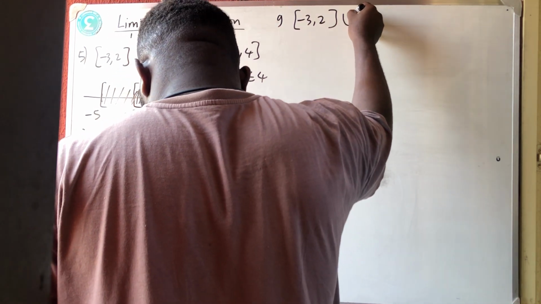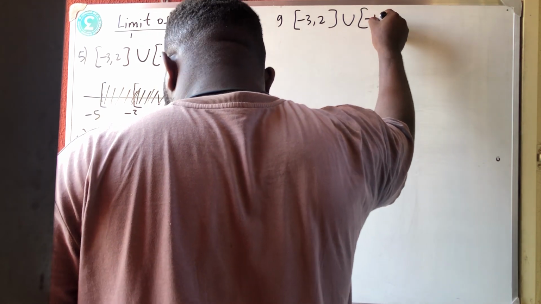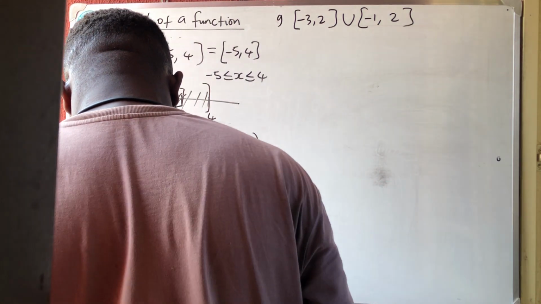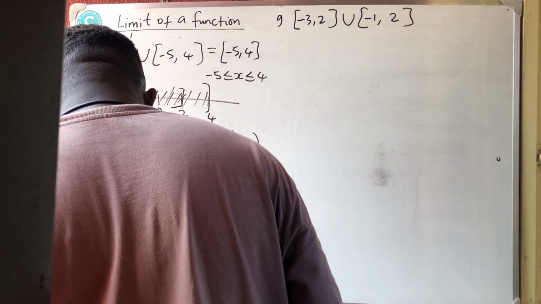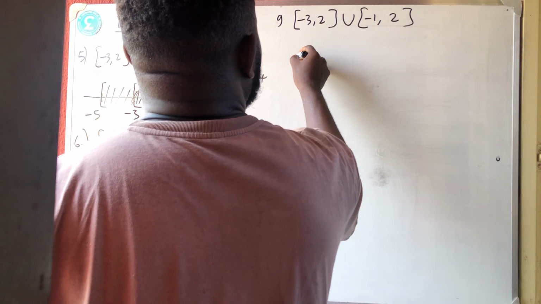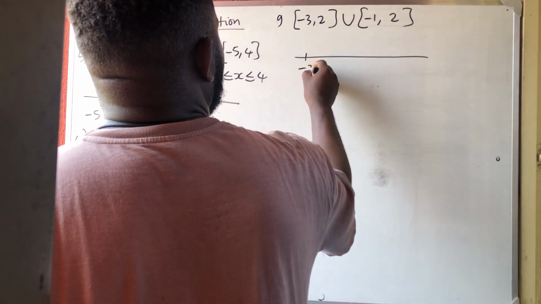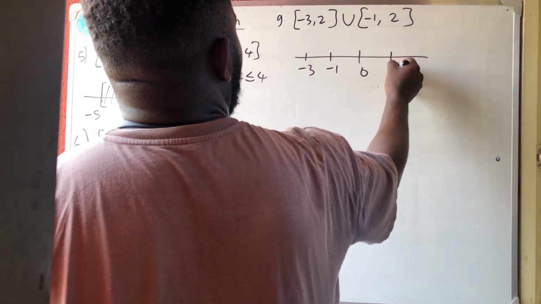Okay, union minus 1 comma 2. Okay, so look at this one. So what do we do in this one? Let us draw it. If we draw it now, we are having minus 3, minus 1, 0 and 2.